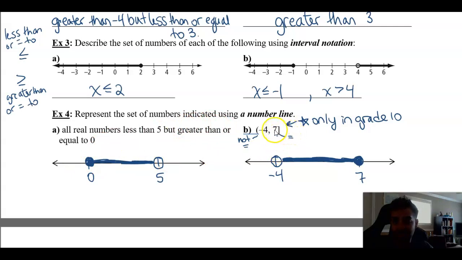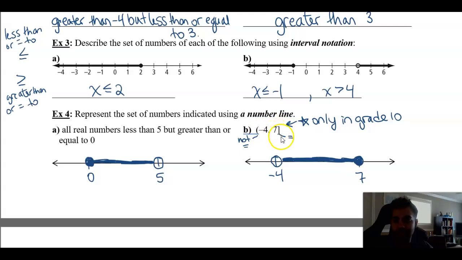Here, this might be some kind of convention. I'm saying it only in grade 10 because you might not see this too often, but we'll use it for this section. So when there's a curved bracket, we're not including this number, right? And when there's a closed bracket, we are including that number, okay?